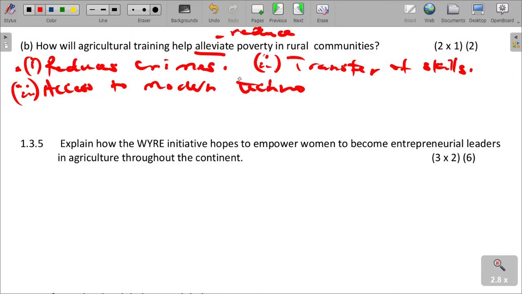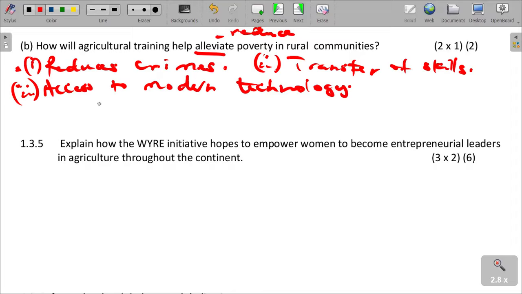These modern technologies are measures that can also help people to increase production. We can talk about the machinery. We can talk about the methods of production. We can talk about genetically modified seeds, and all these they are able to be accessed because of agricultural training.